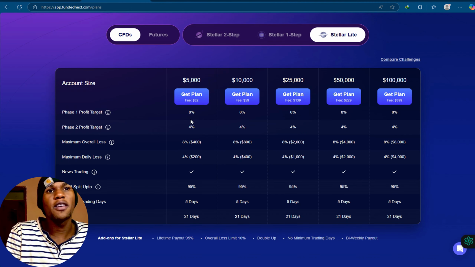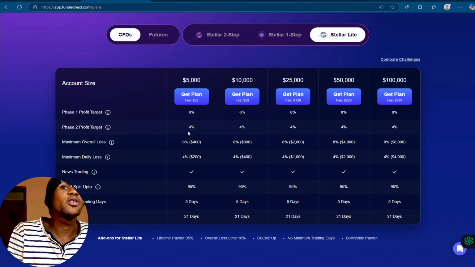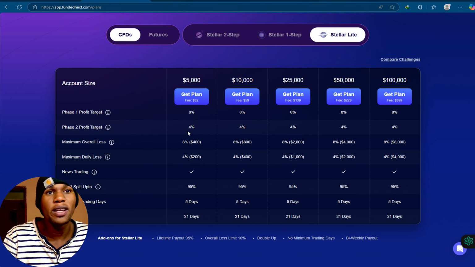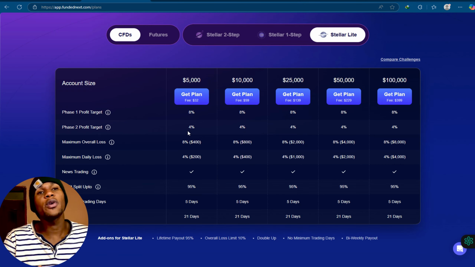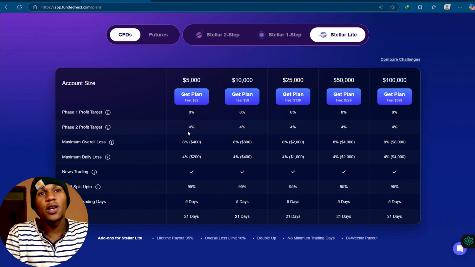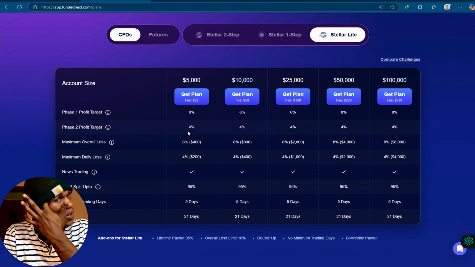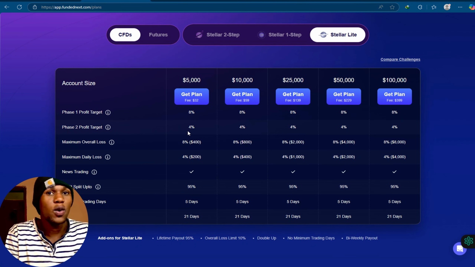I've been passing the phase 1 challenge, but reaching phase 2, with 2% left, I then breach everything and screw up everything, meaning that I was doing something wrong. Just because I've been keeping track of my trades, that's the only way I've been able to learn. Now I know what I was doing wrong, and I know what I need to do right if I make a mistake or anything.